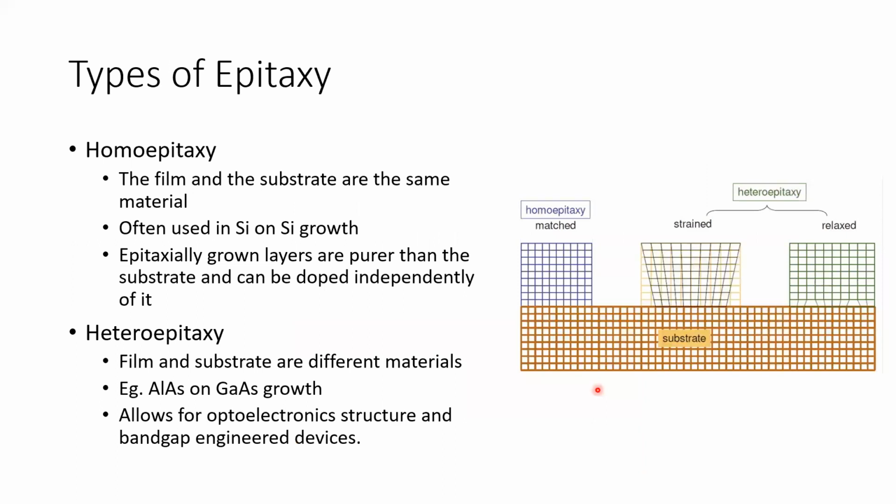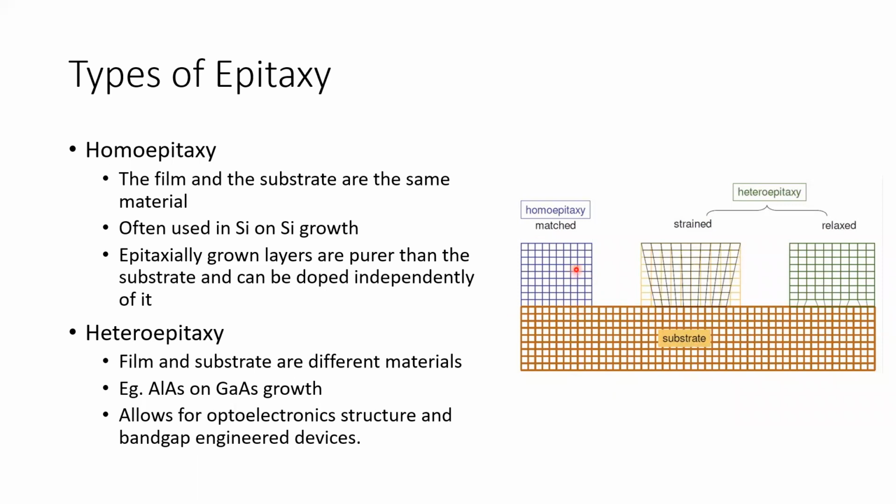So there are two types of epitaxy, homoepitaxy and heteroepitaxy. So homoepitaxy is shown here. The film and the substrate have the same material structure. And this is often used in silicon on silicon growth.